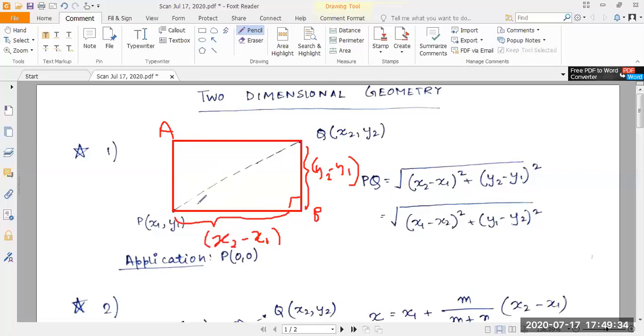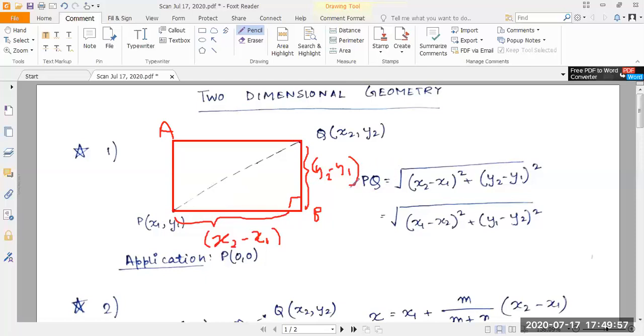And I'm also sure you know a relation about right angle triangles where PB square plus QB square is equal to PQ square. So we can use that relation to find out the value of PQ. So PQ square is equal to PB square plus QB square.